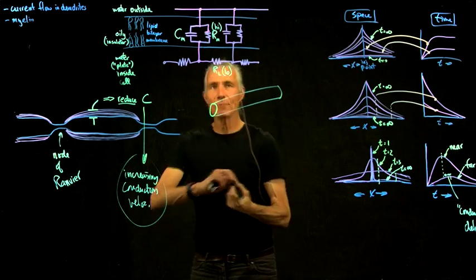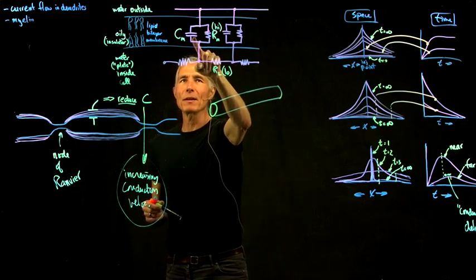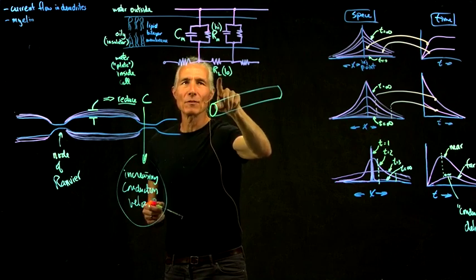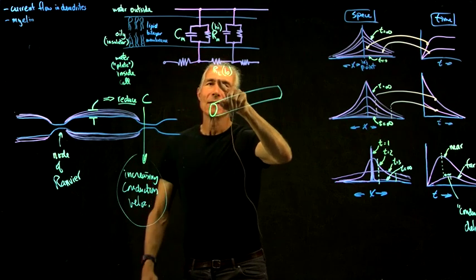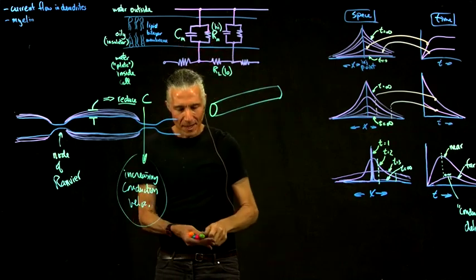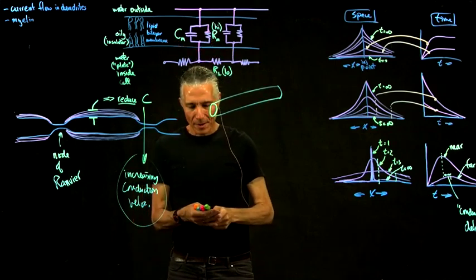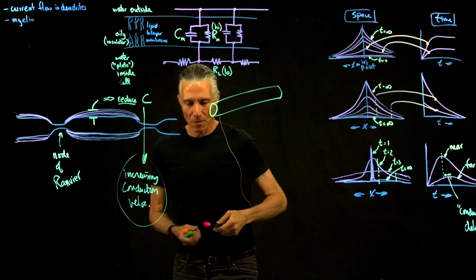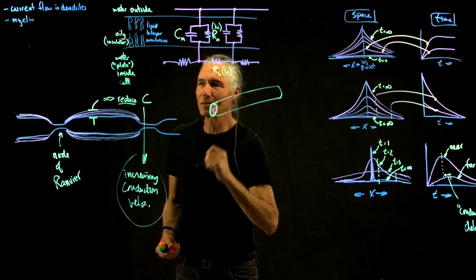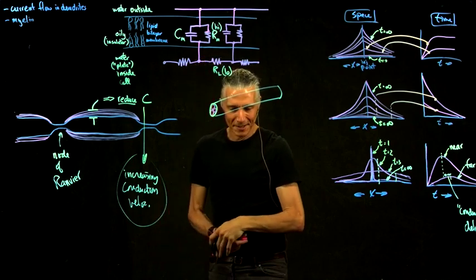And there are three things that we have to consider: the longitudinal resistance, the membrane resistance, and the membrane capacitance. And each of them depends on area. These little tubes are sort of units of area.